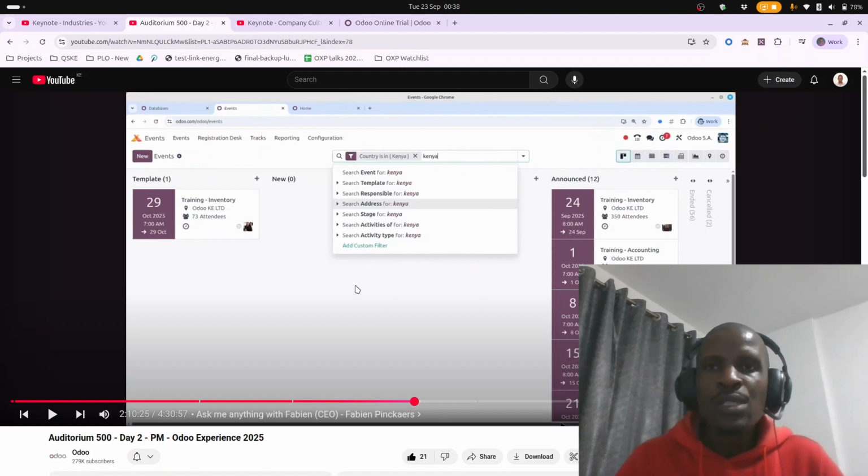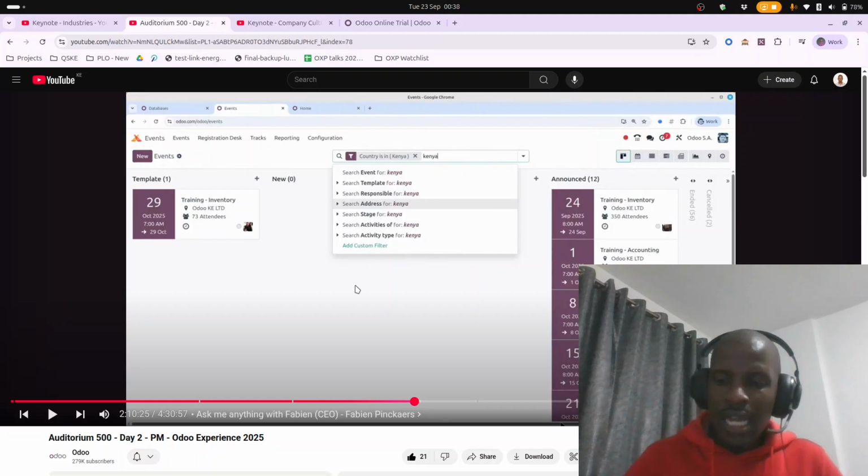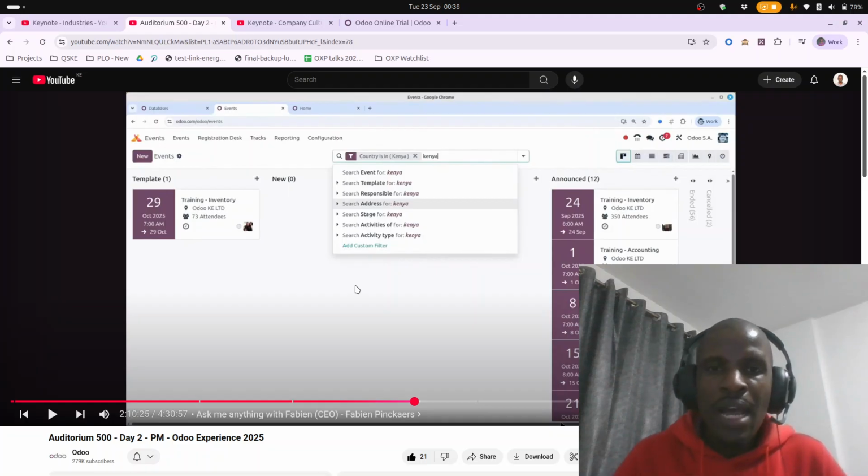And I was pleasantly surprised to find that the culture that I had loved so much about Odoo as a product, that same culture was actually there, not just in Odoo globally as a company, but even in Odoo Kenya.